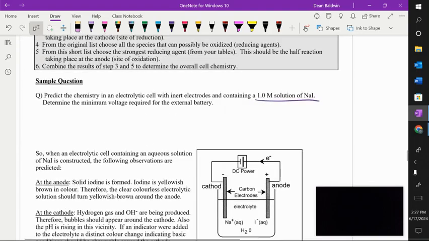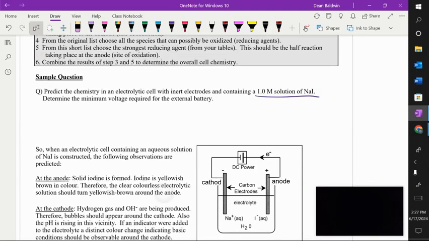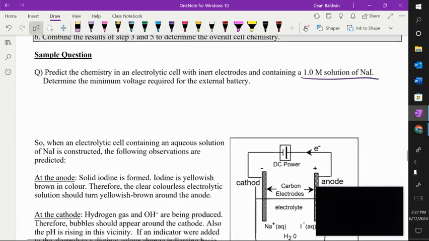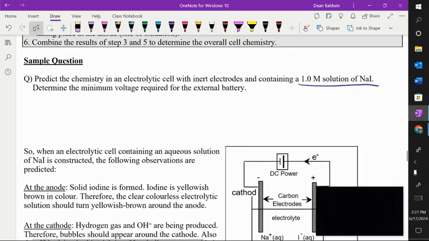Predict the chemistry in the electrolytic cell with inert electrodes in this. Okay, so 1 molar sodium iodide in solution.